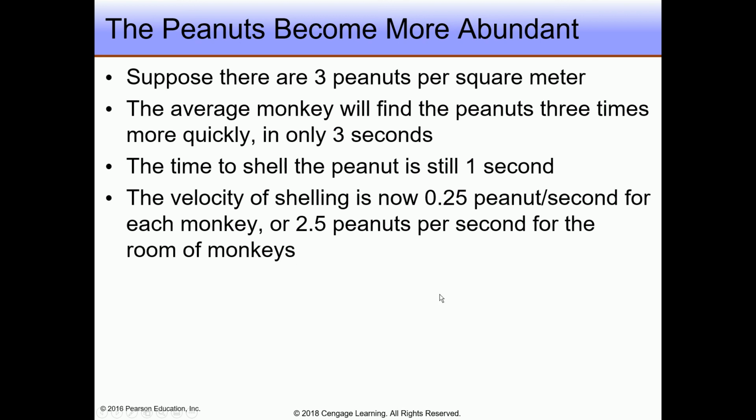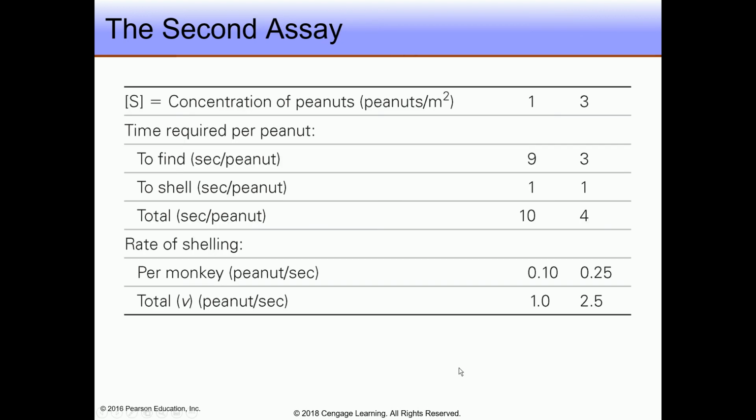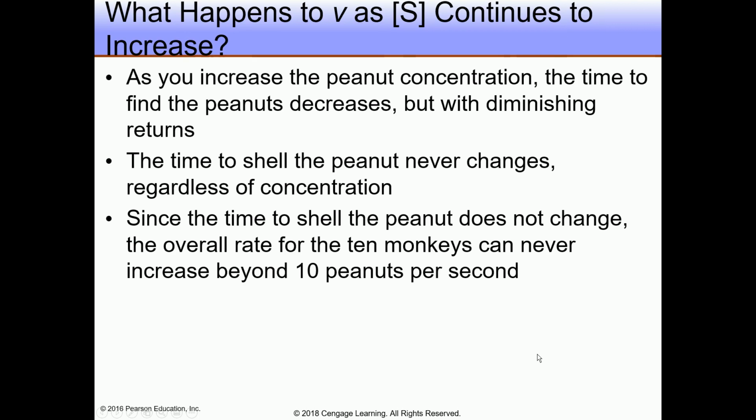So you can see that the rate of shelling per monkey in the first case was 0.1, and when we increase the peanuts 3 times more, the rate becomes 0.25, and the total shelling rate is in this case 2.5. So now we know that we have actually increased peanuts from 1 to 3 times more.